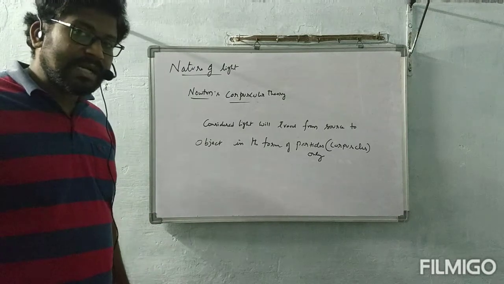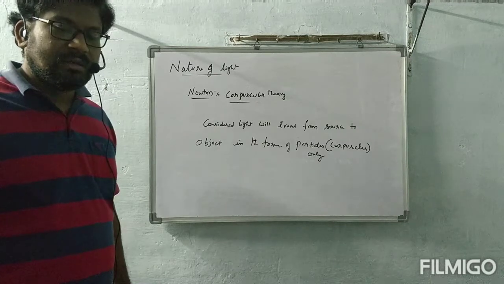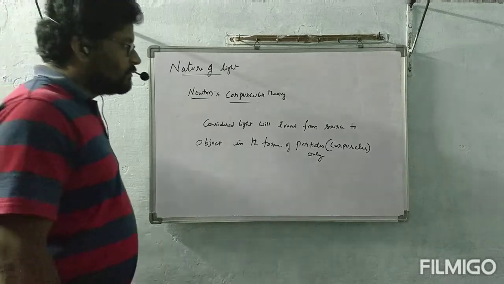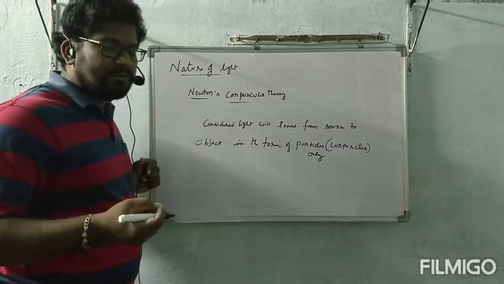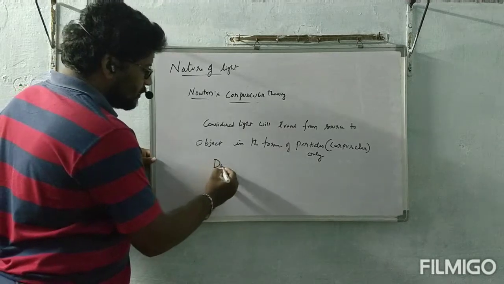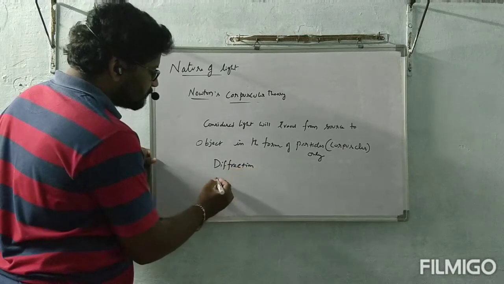When he considered light as particle, he explained the particle nature, but he could not explain wave nature of light. Some properties of light were not explained: diffraction, interference.